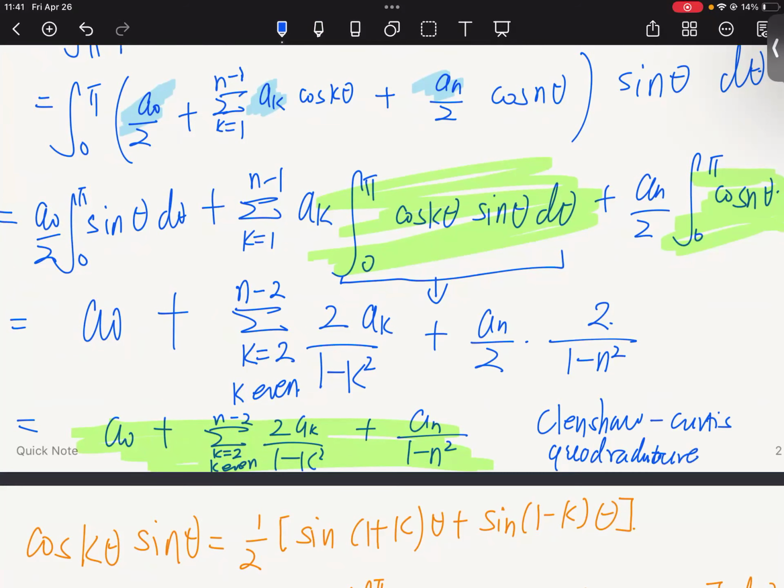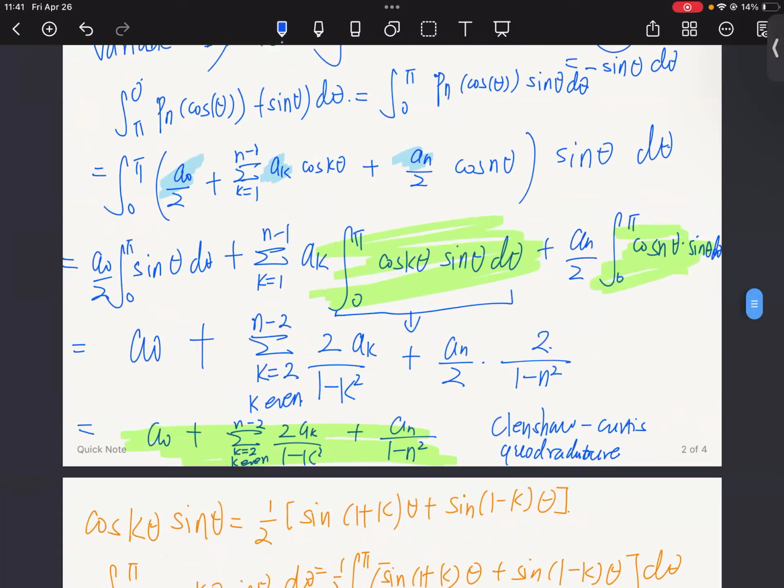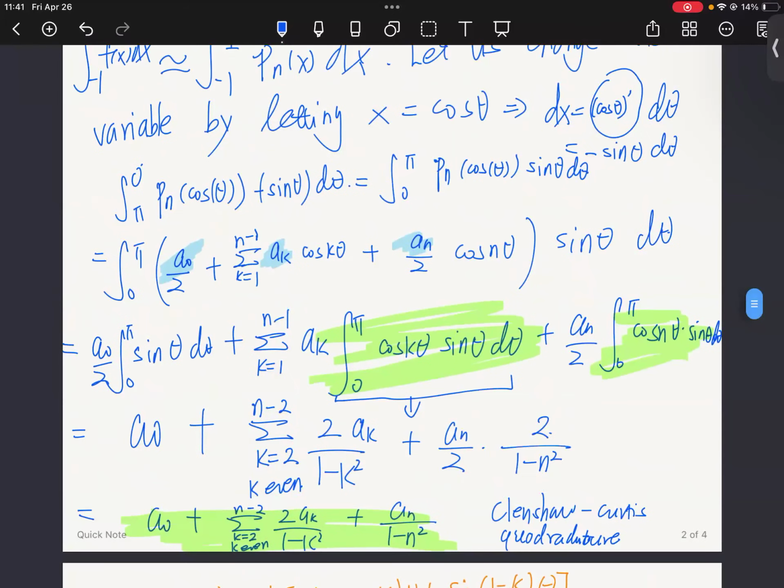And the definitions of a_0, a_k, a_n we just mentioned above, and I want to point them out again. So let me write down and conclude all these things here.